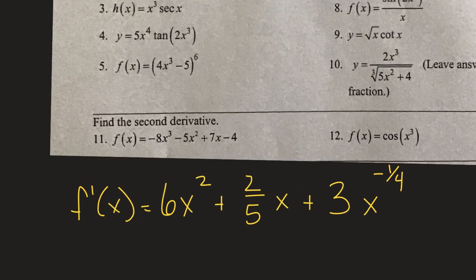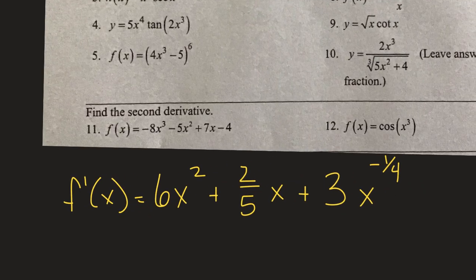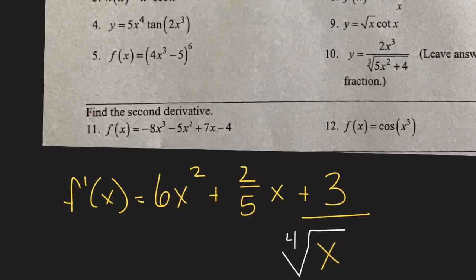So then we can do one other thing here, and that's rewrite our negative fraction as a denominator. We can bring this negative 1/4 to be a positive 1/4 if we move it to a denominator. And then instead of having a 1/4 power, we can make this into a 4th root of x, right?